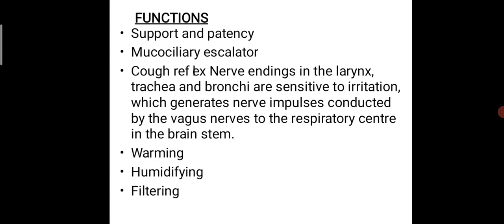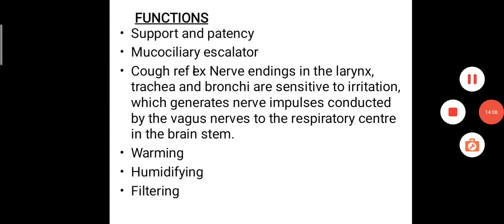When any irritant enters the trachea, these nerve endings pass signals to the brain, and the brain creates a response through the respiratory center to expel the irritant from the body. The vagus nerve is attached, and this nerve passes the signal so that the body creates a quick response in the form of the cough reflex, and through this cough the irritant is expelled out of the body. The next function is warming, humidification and filtering. This is the common function.